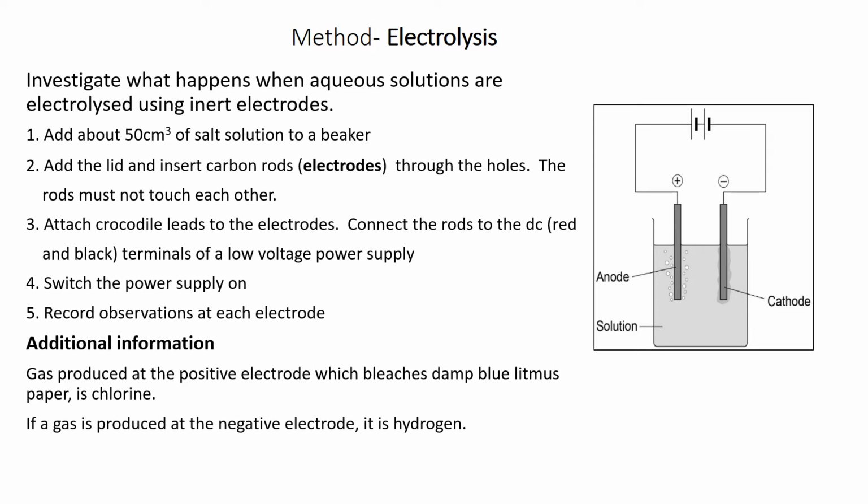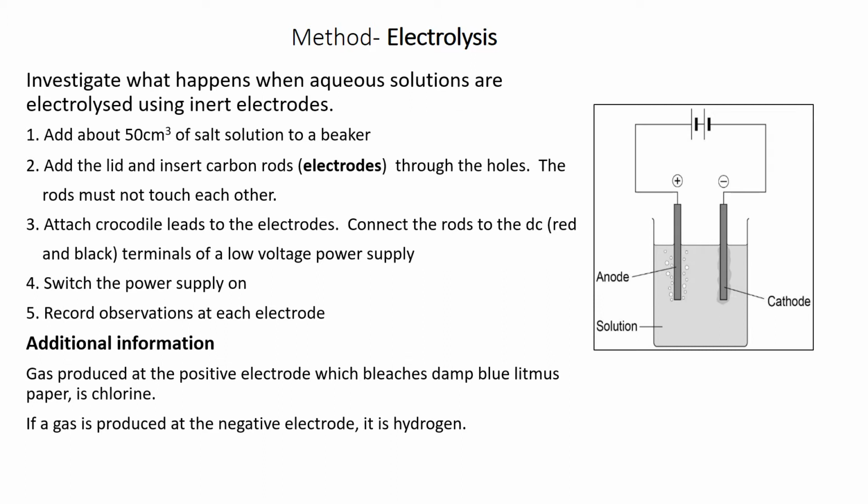So first of all, we talk about adding a set solution. If we were working out the yield or the amount of product formed, we'd need to measure that exactly. A solution of salt in a beaker, and we're going to add our inert carbon rods. So you might be thinking, well, we've just used black sticks.